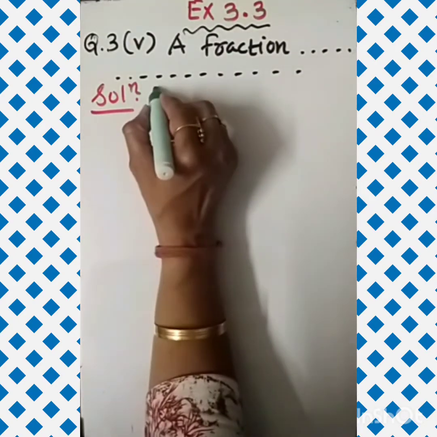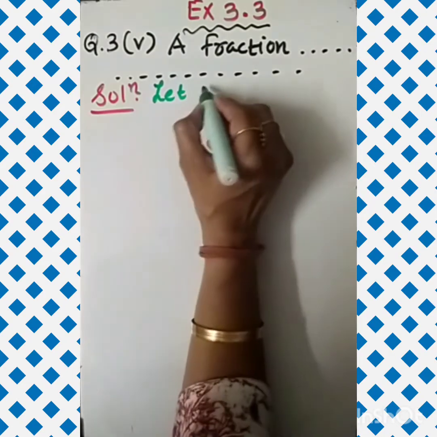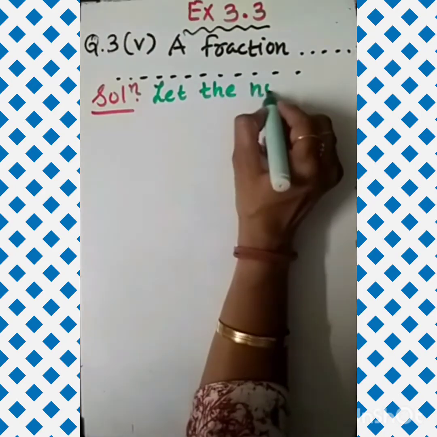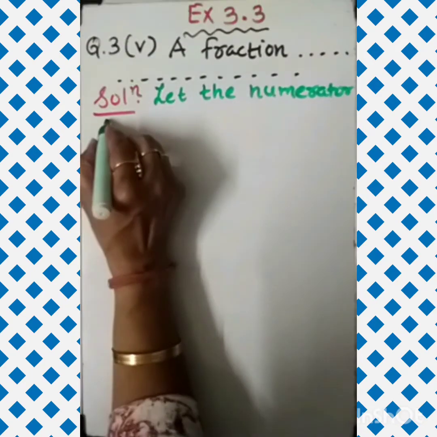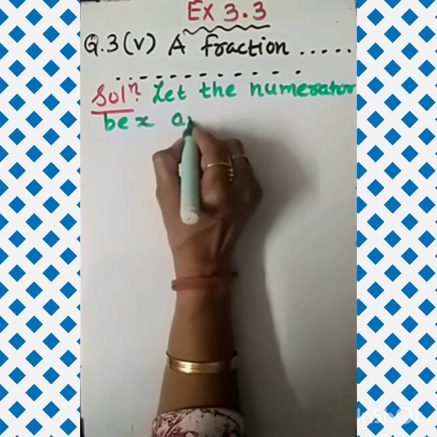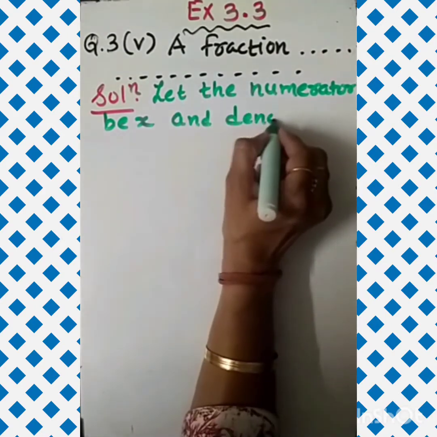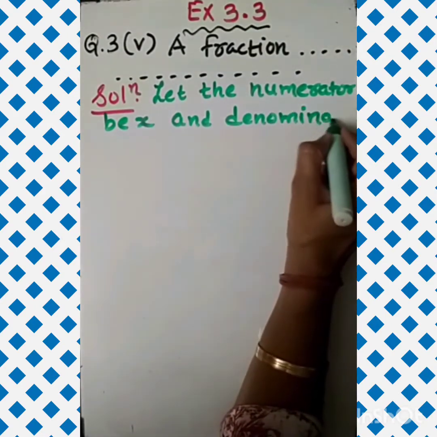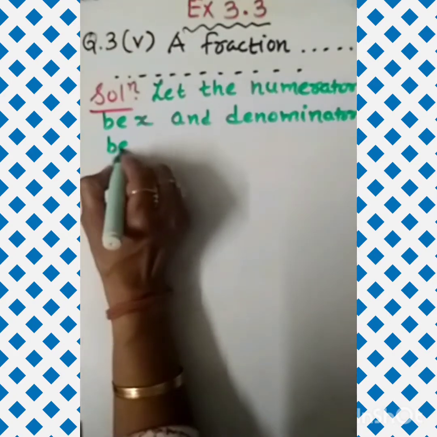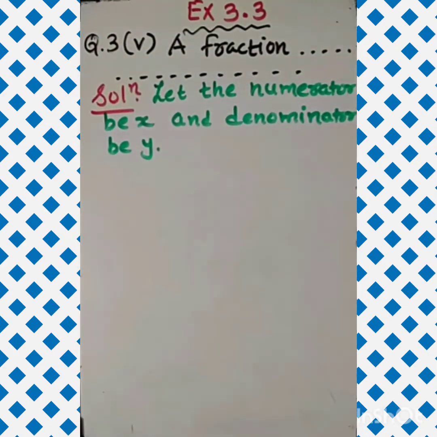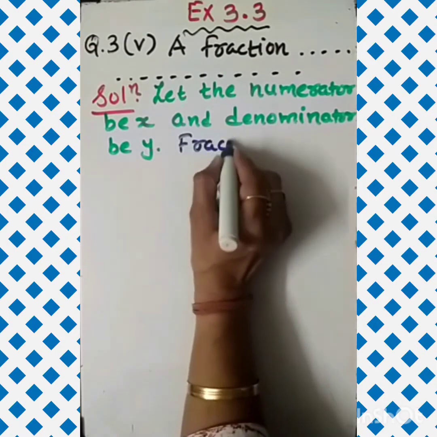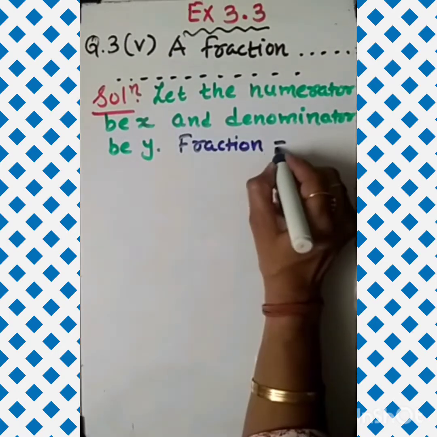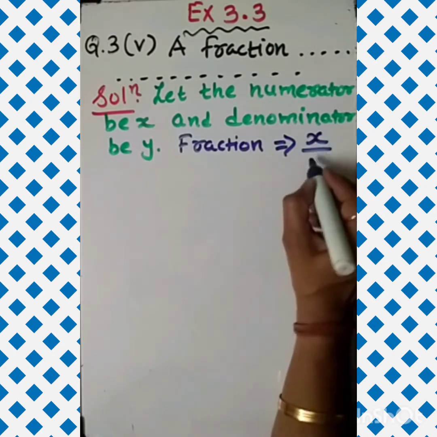So for that, let's assume, let the numerator be x and denominator be y. Simple. So what will be the fraction? Can I say it is x by y?